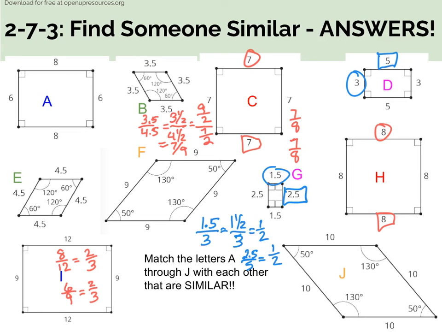But if we want to put it as a fraction, it's going to be 9 over 10. So we have 9, we have 10. And I could do 9 and 10, right? And so our scale factors are going to be the same. So the way that we looked at it is we checked to make sure that the angles are equal, but then the sides have a scale factor.